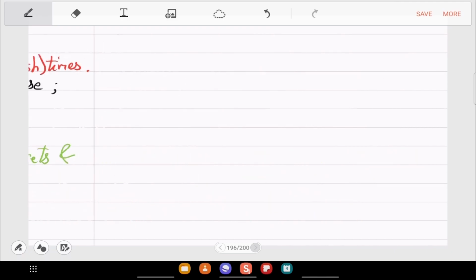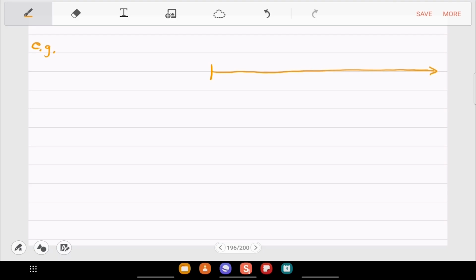Yes, so let's now see a big example for this. So this is the timeline, which starts from 0.